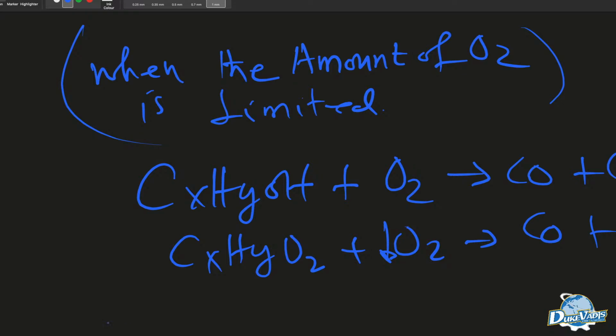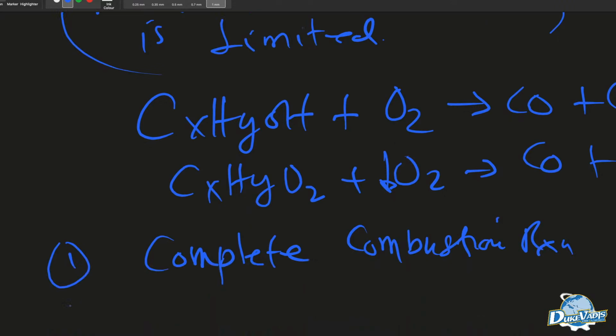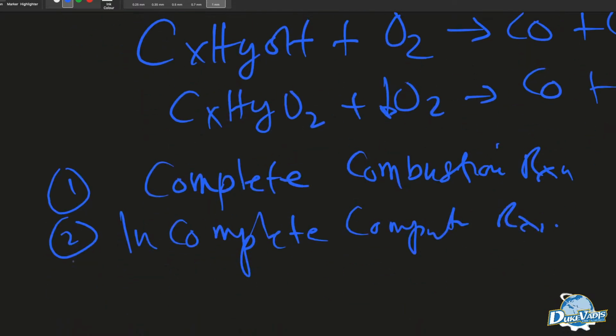Okay, so as we can see, we have one, complete combustion reaction, and two, incomplete combustion reaction. Now, complete reaction will be as a result of excess oxygen.